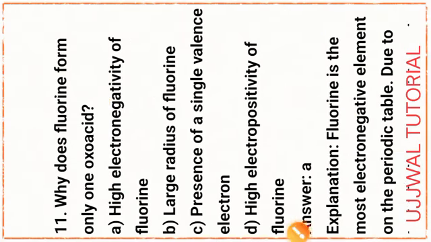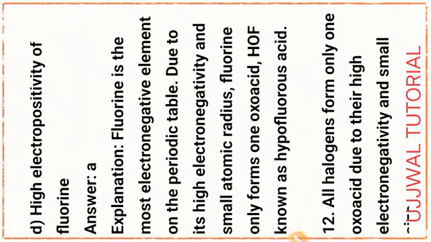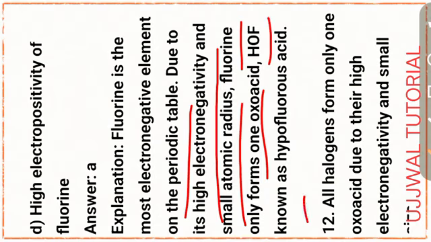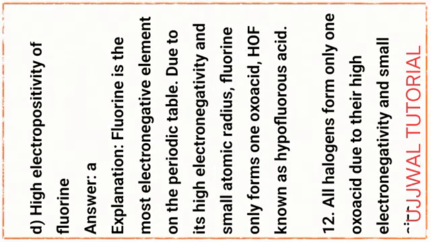Due to explain for this part, fluorine is the most electronegative element on the periodic table. Due to its high electronegativity and small atomic radius, fluorine only forms one oxo acid, that is HOF, known as hypofluorous acid.